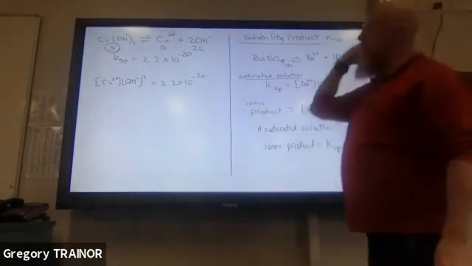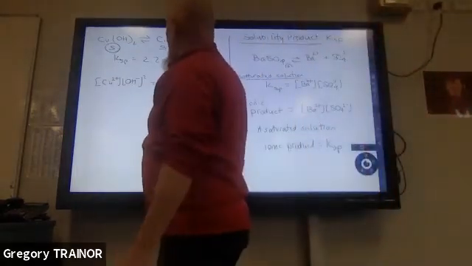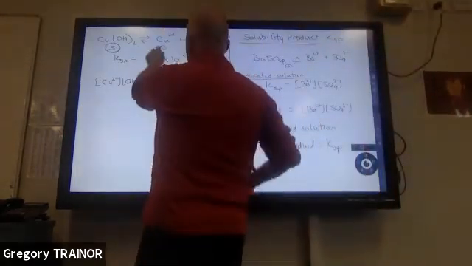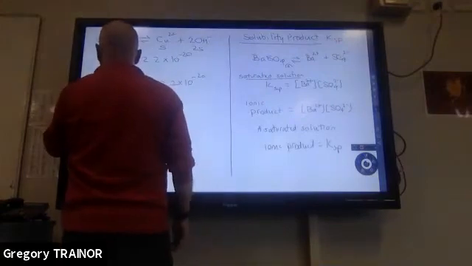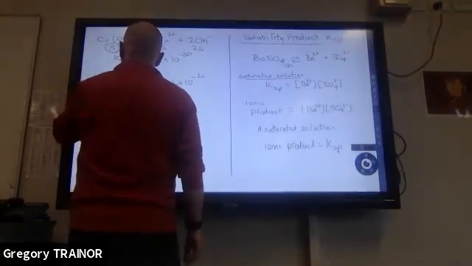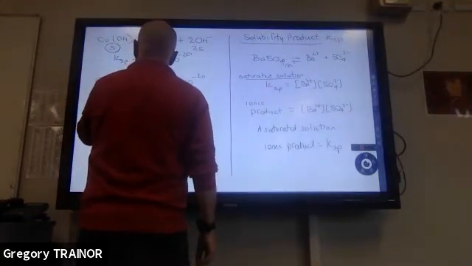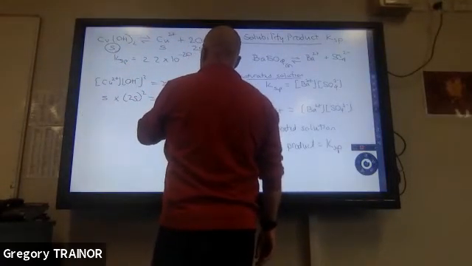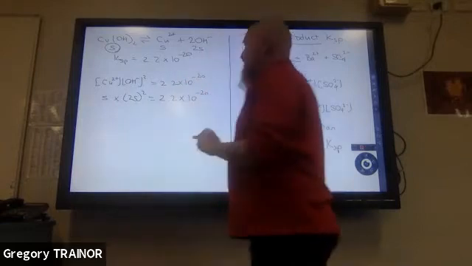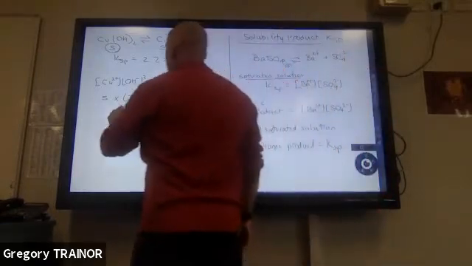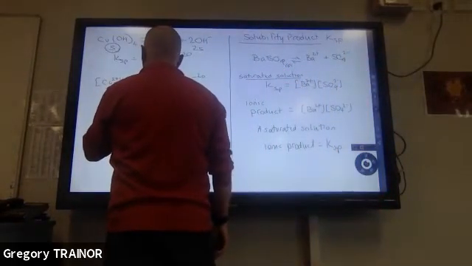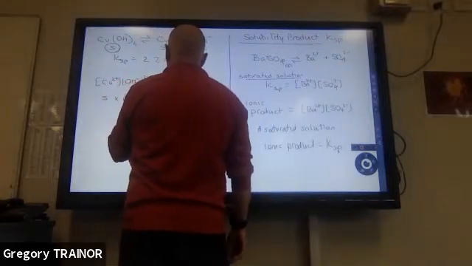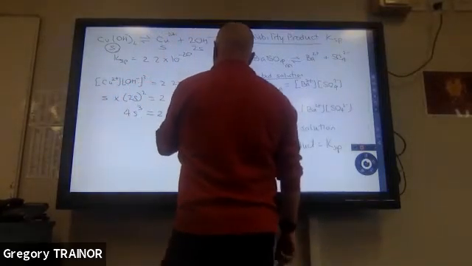So at equilibrium, the amount of this stuff that dissolves, we can substitute these in here. We've got S moles times 2S squared is equal to 2.2 times 10 to the minus 20. So now we have 4S cubed is equal to 2.2 times 10 to the minus 20.